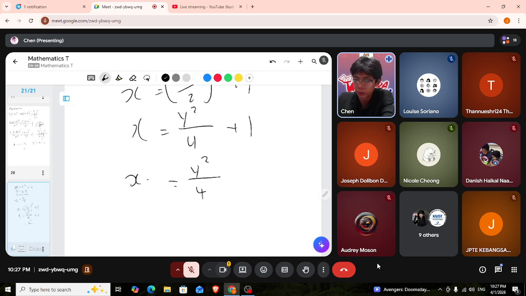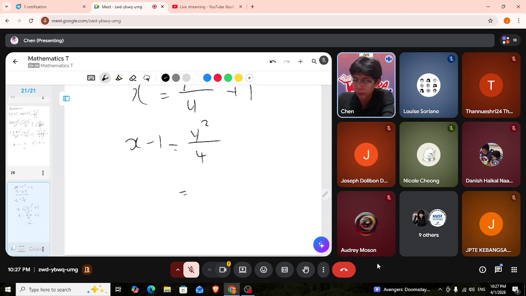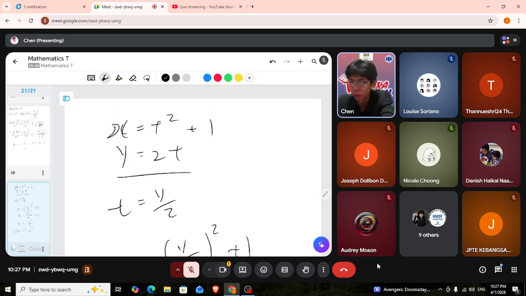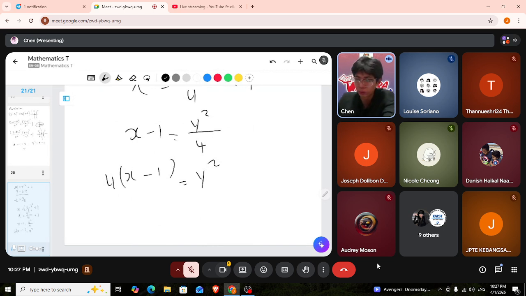So it will become like this, x minus 1 times 4, so y squared here. Now see how the parabola's equation is similar to what I have right now. Y squared equals 4x minus 1. Usually you have a here, but instead the a we have nothing, so we can just safely assume a is 1.